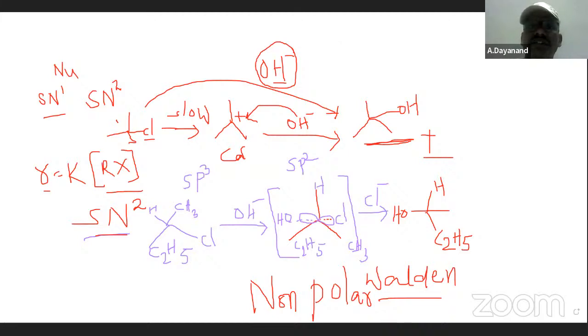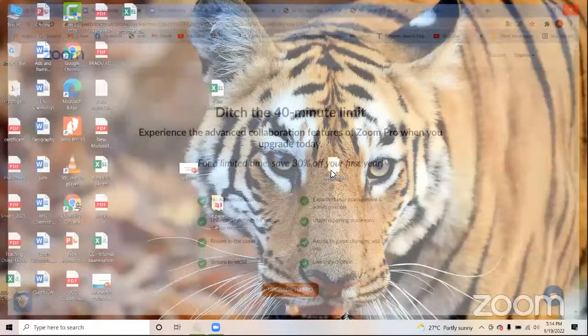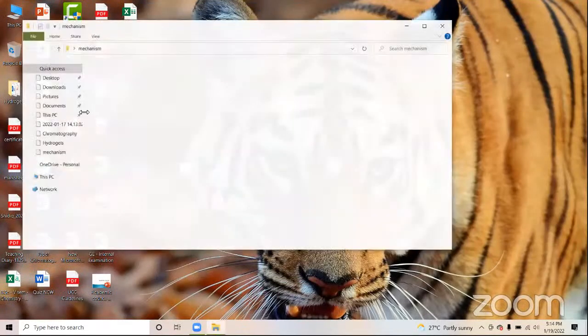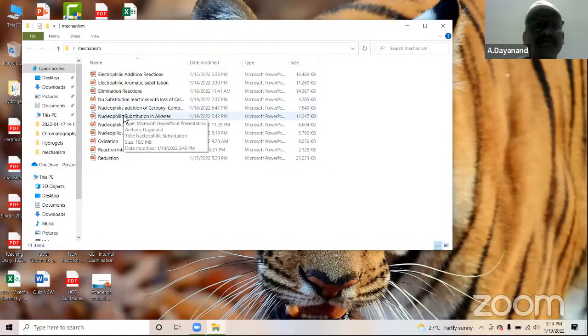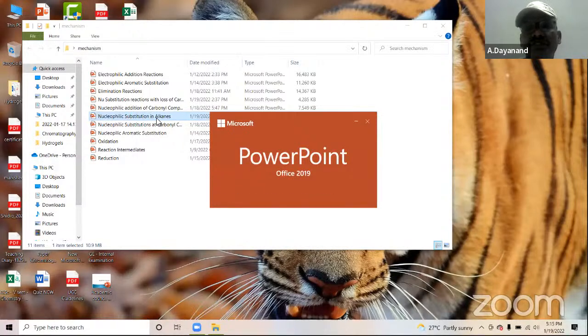The same thing. Let us go through some examples of the SN1 reaction as well as the SN2 reaction now. Let us see some examples of these two.